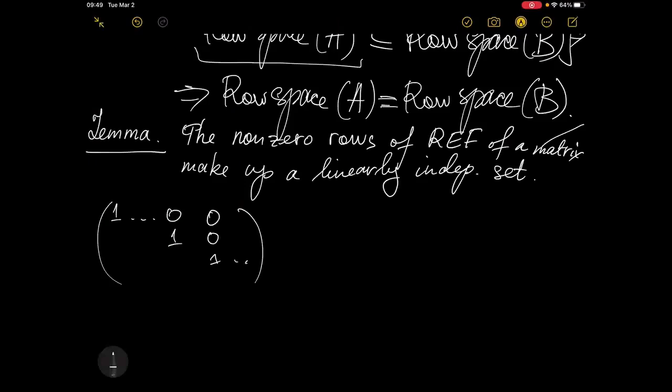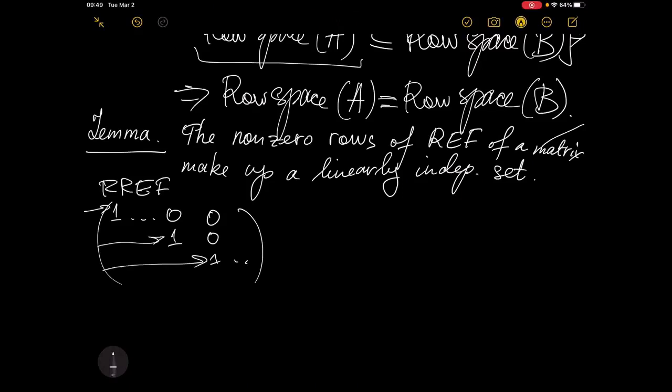It's obvious that in the reduced row echelon form, the number of non-zero rows will be exactly equal to the number of leading ones, right?